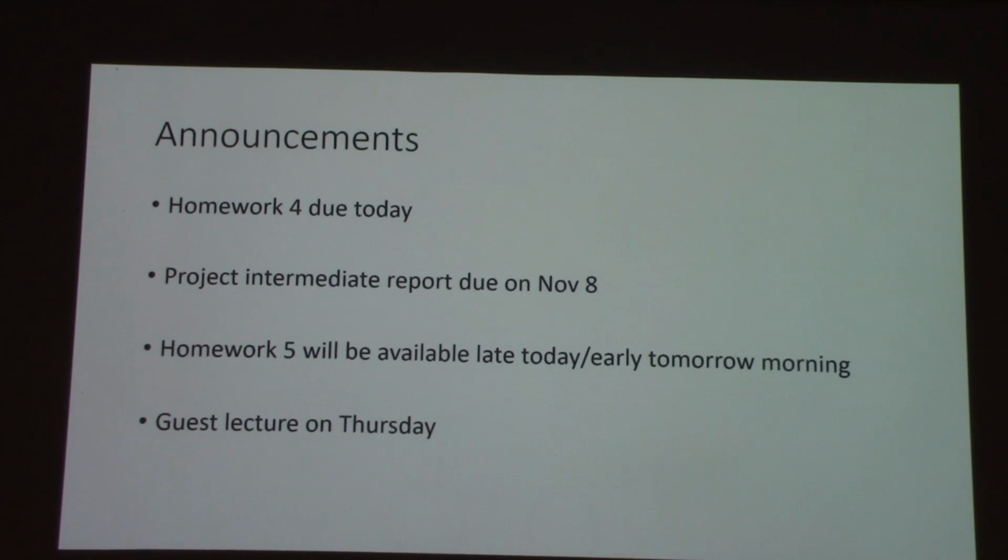Other announcements, there's a project intermediate report that's due on November 8th. I hope you're working on that. Homework 5, because you guys are so eager for more, will be probably available late today or most likely early tomorrow. Homework 5 will cover support vector machines, largely.